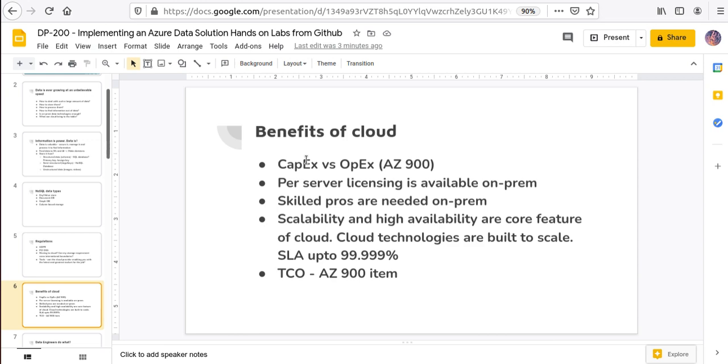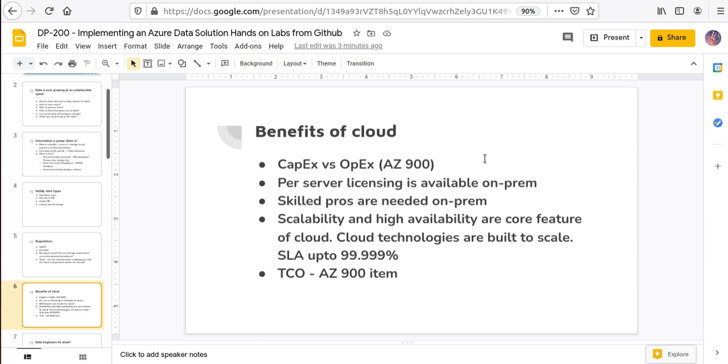You are setting up your data center, and then over the years you're just approximating your cost for the next 5 years. So it's a large initial investment, and then your investment will go down. But if the technology changes or unexpectedly you grow, you will have trouble. You'll end up spending more money again.